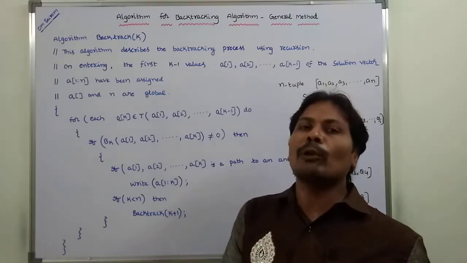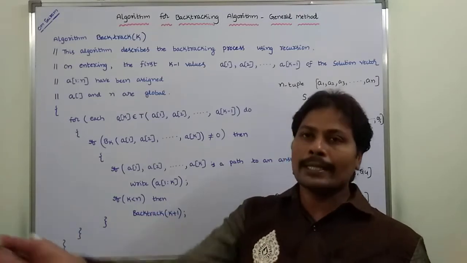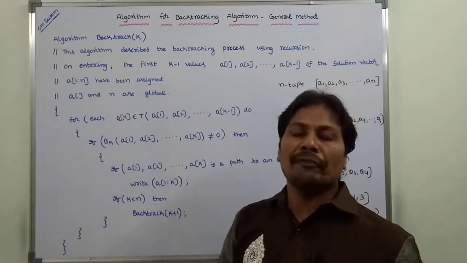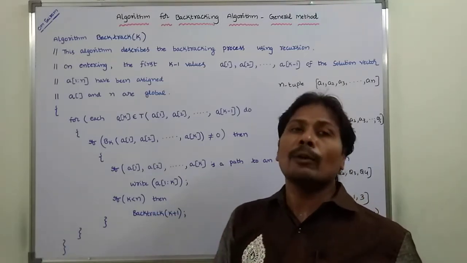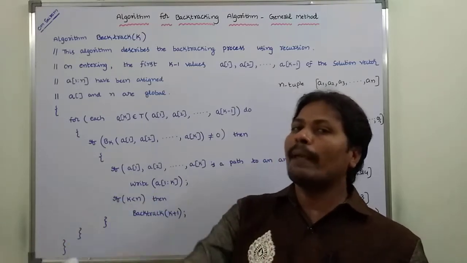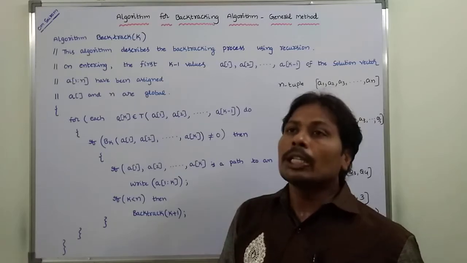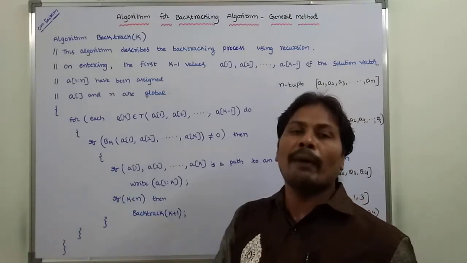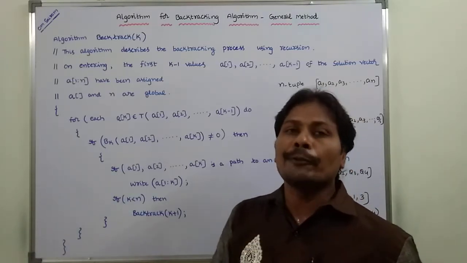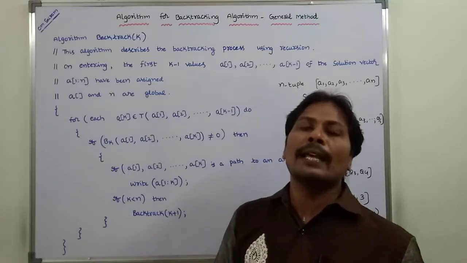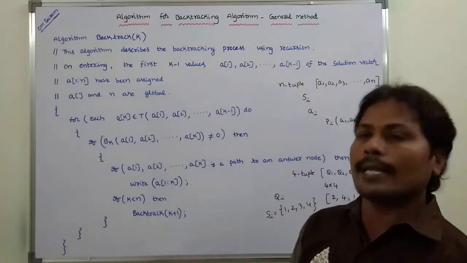K equal to 1: we have to place queen 1 on the 4 by 4 chessboard. K equal to 2: queen 2 can be placed on the chessboard. K equal to 3: queen 3. K equal to 4: queen 4.